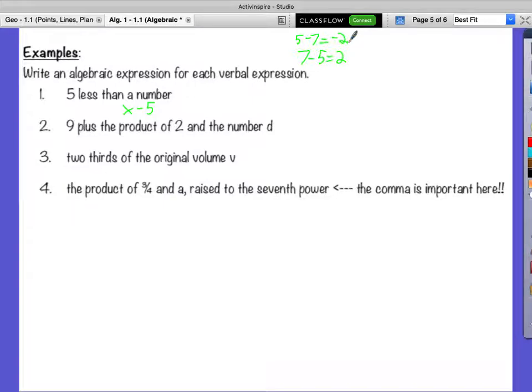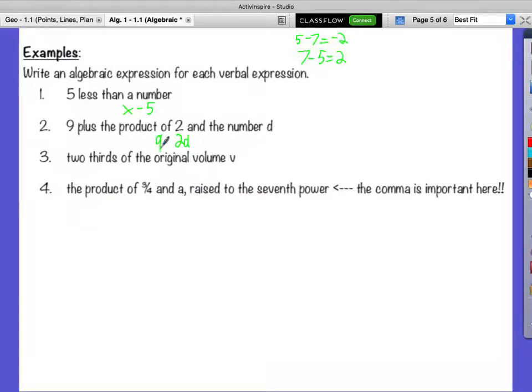Okay? Volunteer for the second one. 9 plus the product of 2 and the number D. Zach? 2 times D equals X plus 9. Close. I like the 2 times D, the product of 2 and the number D. And somebody help me out with that first part there. Okay, Dylan? I agree with Zach that the product of 2 and the number D would be 2D.